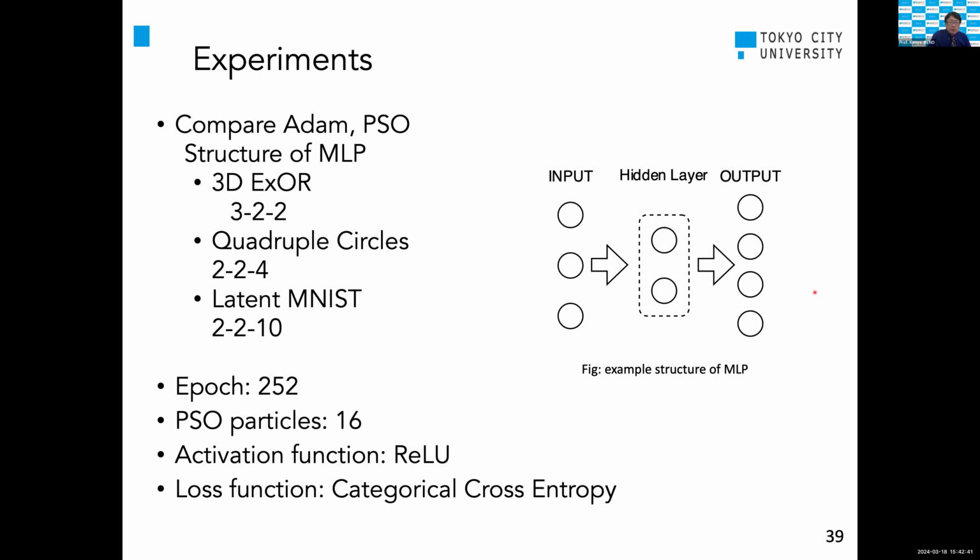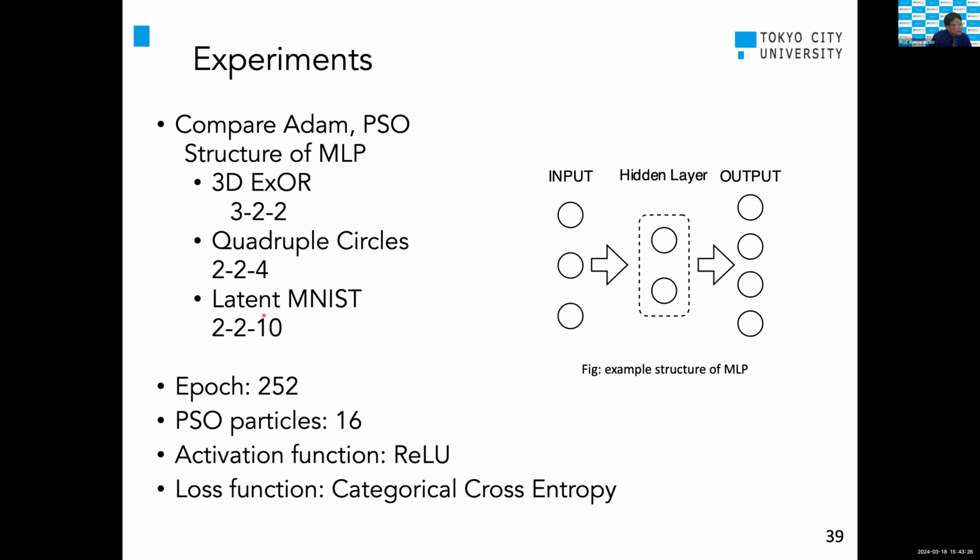The multi-layer perceptron used in the experiment was set up with 3 neurons in input layer, 2 neurons in hidden layer, and 2 neurons in output layer for the 3D exclusive OR problem, and 2 neurons in input layer, 2 neurons in hidden layer, and 4 neurons in output layer for the quadruple circles problem.